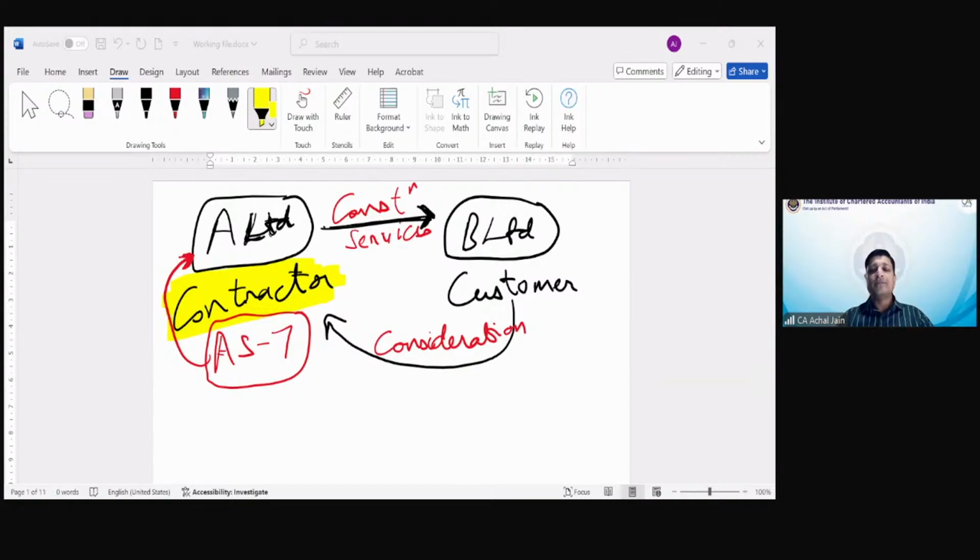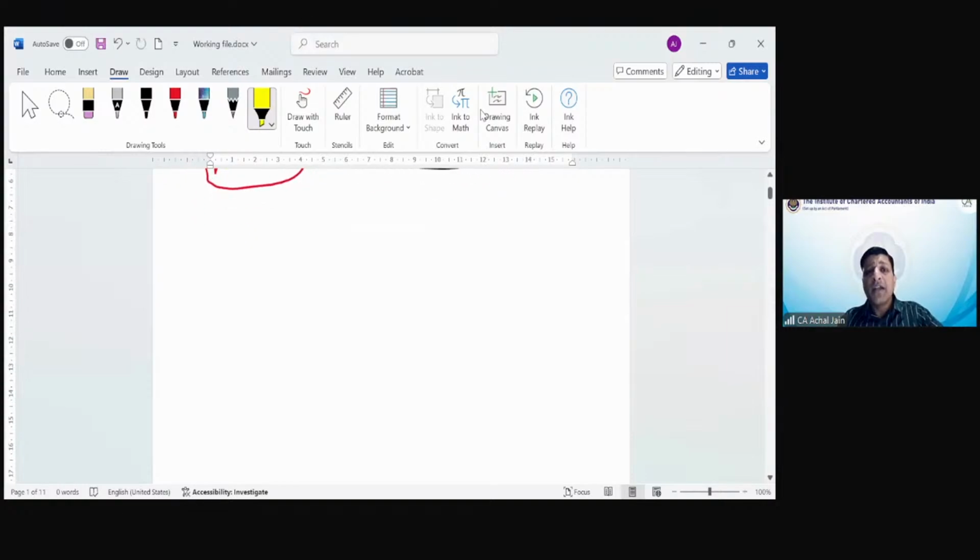Okay, great. All right, so now, continuing on the understanding of the construction contracts, what we are going to cover now is we'll continue with the understanding of the construction contract.